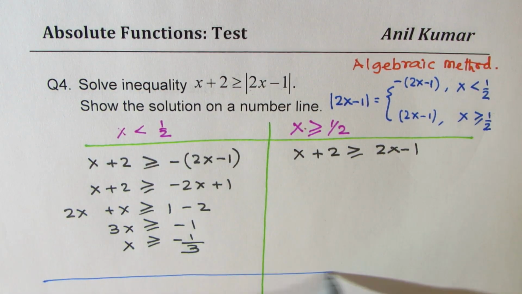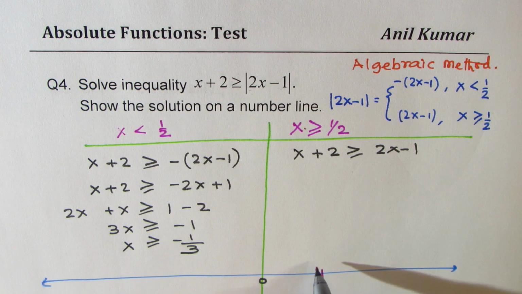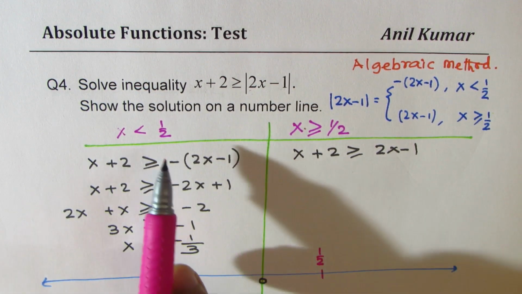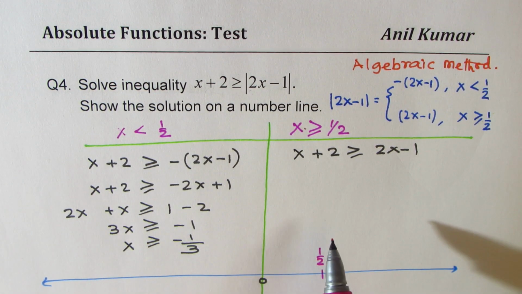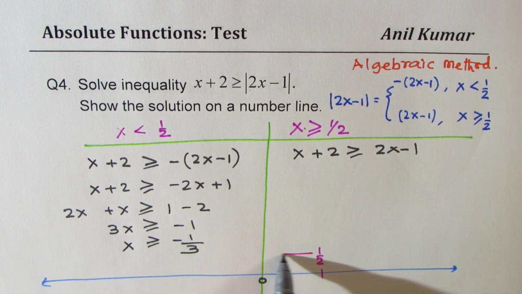So let me draw a number line here, right? So this is a huge number line where this is the center, 0 for us, okay? Now let's take the 2 points, which are half. So let's say this is half for us. So half means this side.